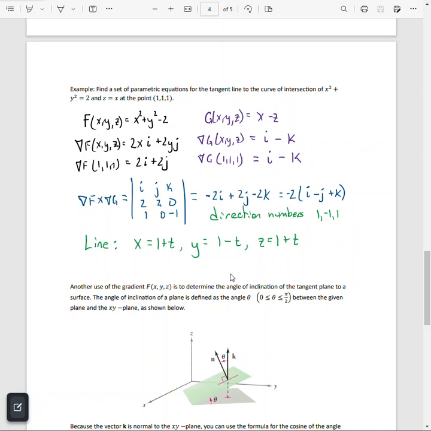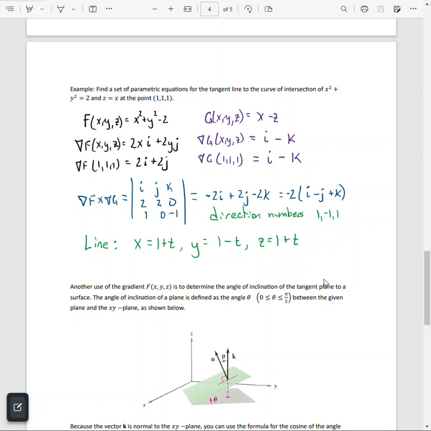So what would our line be? This would be x minus 1 over 1 equals t, so x equals 1 plus t. y equals 1 minus t. z equals 1 plus 1t. These are all 1s.